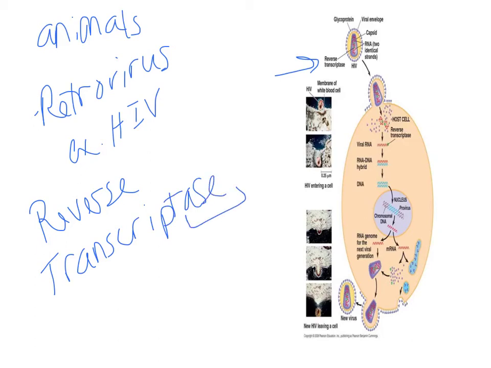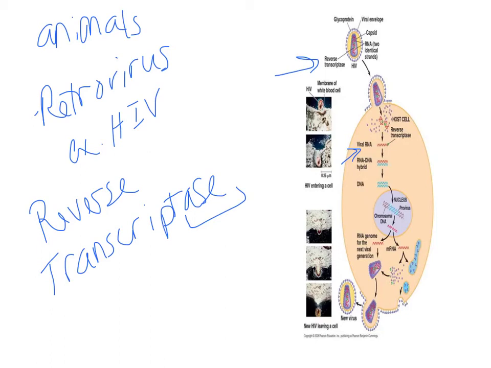Reverse transcriptase is going to do exactly what its name says. Usually we do transcription, we take DNA to RNA. Well, we're doing reverse transcription. So we're going to take RNA to DNA. So when this virus attaches to the host cell, it's going to inject in it the reverse transcriptase enzyme and its genetic material, which is RNA. And so you have this viral RNA that's inside the host cell and the reverse transcriptase enzyme.